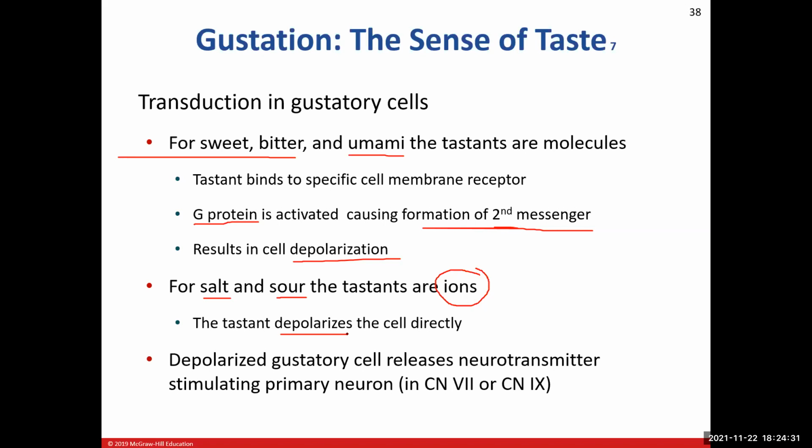And when that occurs, then the neurotransmitter is going to be released from our gustatory cells onto the sensory neurons that reside in cranial nerve 7 and 9. And they're going to then transmit that action potential back towards the brain.